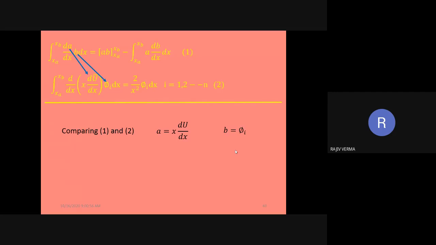Now for these values of A and B, I'm going to substitute these two values in the right hand side of equation number 1, which obviously is going to be equal to the right hand side of equation number 2. ठीक है, A और B की इस वैल्यू को मैं इक्वेशन नंबर 1 में सब्स्टिट्यूट करूंगा, which is going to be equal to the right hand side of equation number 2 also.